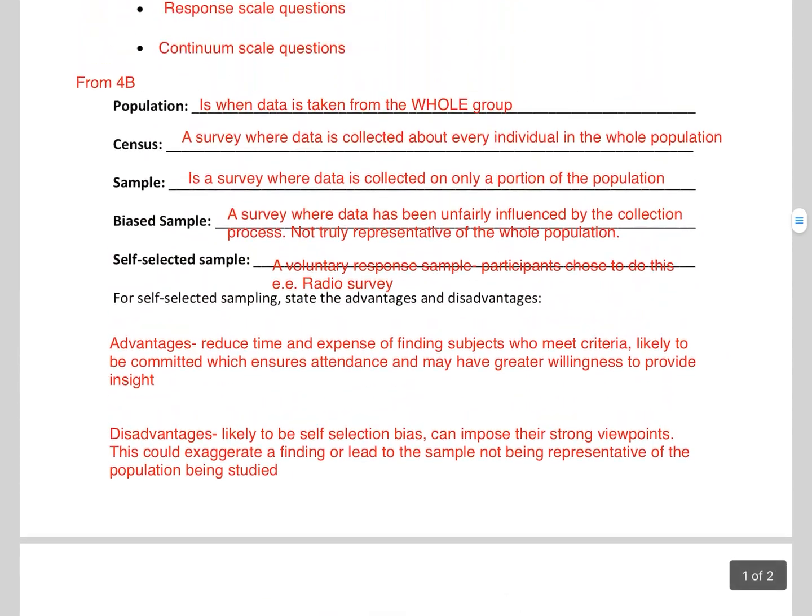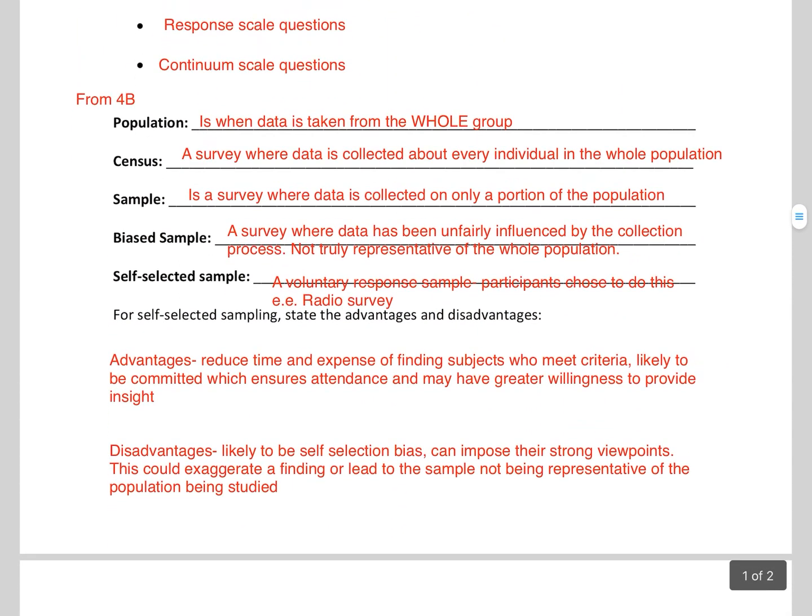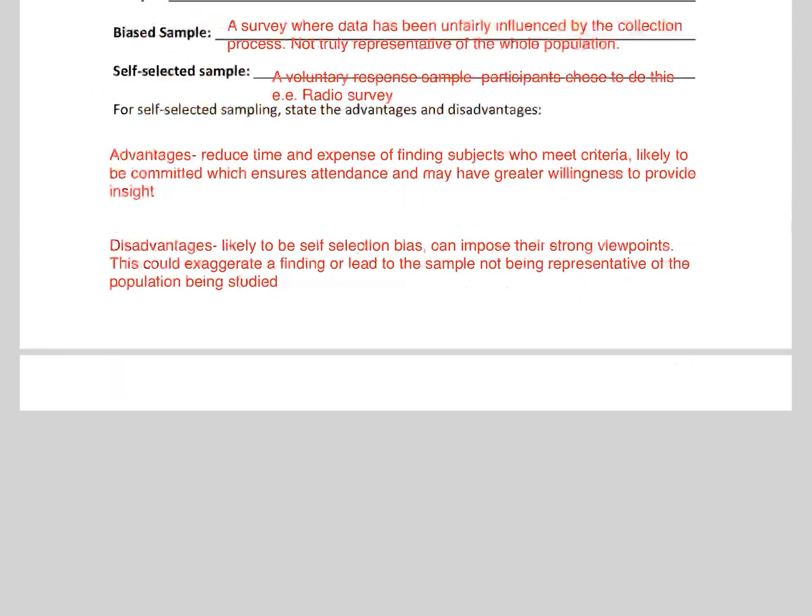All right, going back now up here, this section here is actually from exercise 4B. And if I go to the 4B sheet with some information on it, it talks about census or sample and self-selected sampling. So these are some things hopefully you did learn in Year 8 as well. A population is when a survey or data is taken from the whole group.